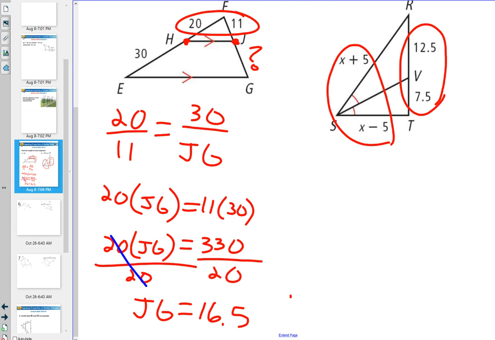So if I wanted to set up a proportion, what would my scale be? I circled what's proportional to each other. I circled for you what corresponds, what to put in the fractions.